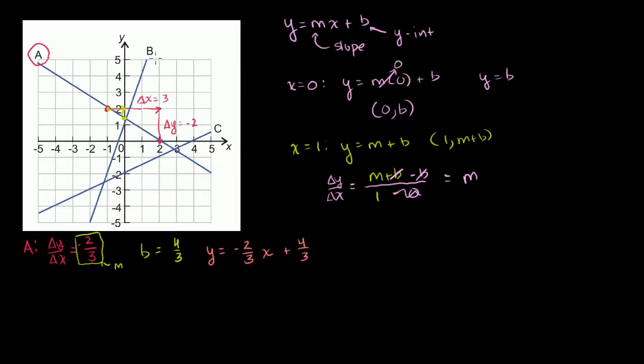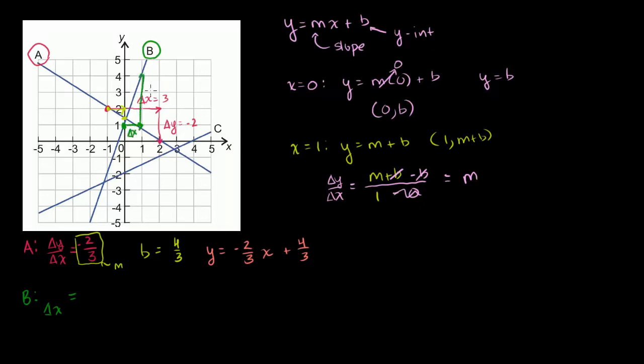Let's do equation B. Hopefully we won't have to deal with as many fractions here. Let's figure out its slope first. Let's start at some reasonable point, we could start at that point. When we move over 1 to the right, so our delta x is 1, what happens to our delta y? We go up by 3.